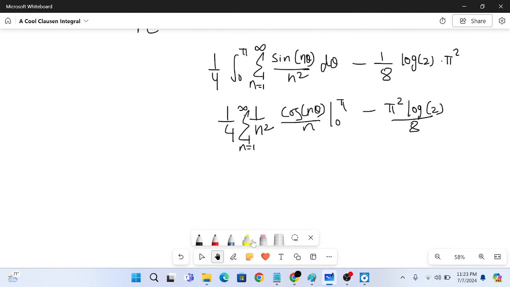Now this is 1 by 4, sum from n equals 1 to infinity, 1 by n cube. Now cos of n pi is minus 1 to the power n, minus cos of 0 is just 1.